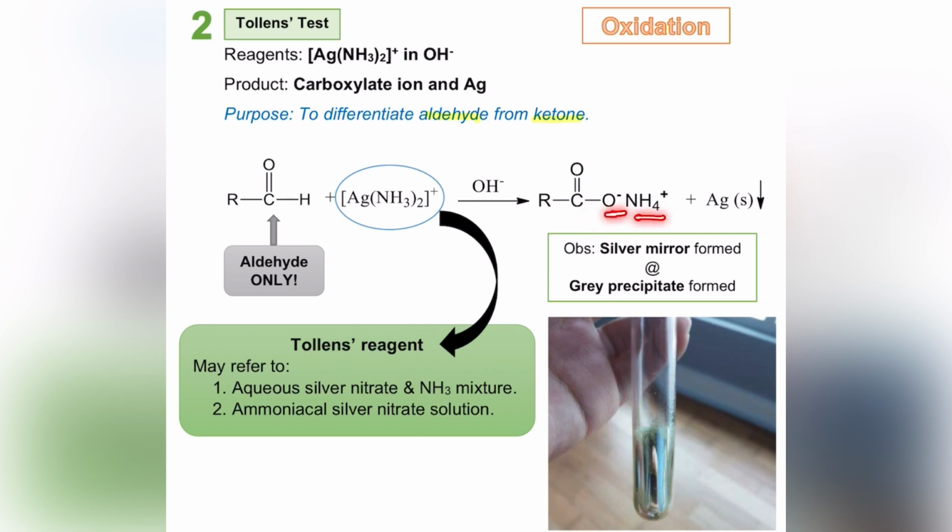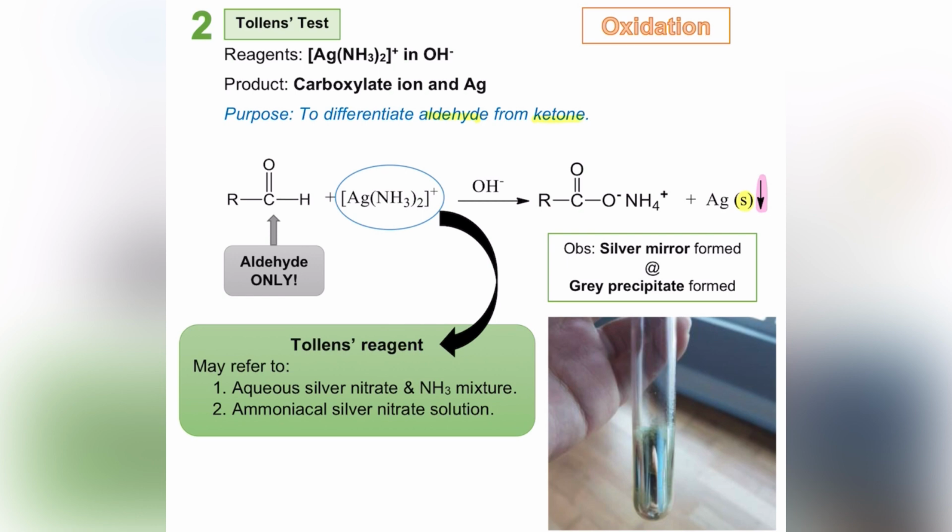It will attract the positive charge from our reagent here, which is NH4+. Then don't forget you have silver solid. You can show it by using the state symbol, or by using an arrow pointing downwards; whichever is fine, choose one.